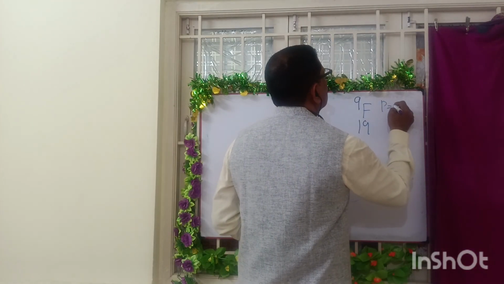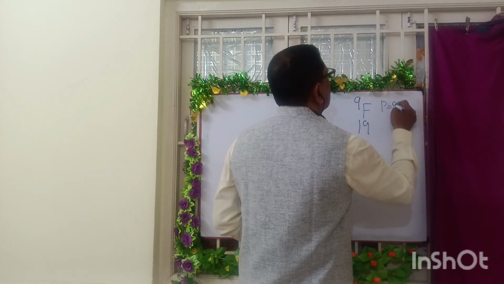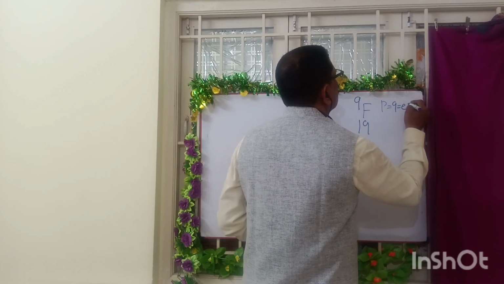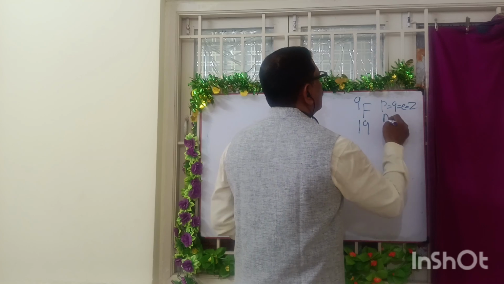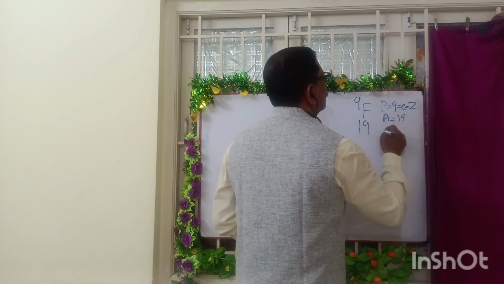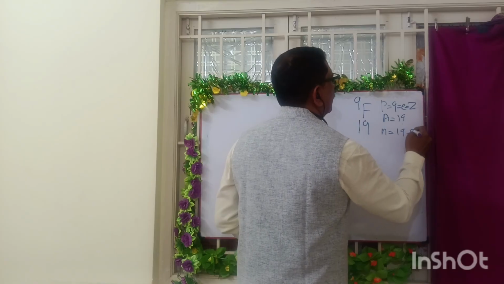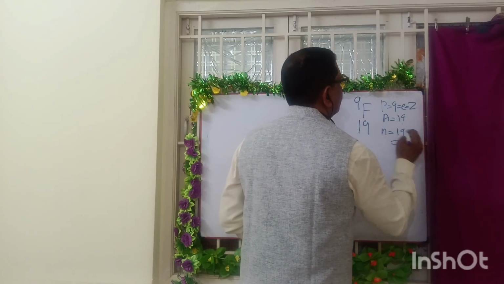P is equal to 9, that is equal to electron, that is equal to Z. Atomic mass is 19. So neutron is equal to 19 minus 9, that is equal to 10.